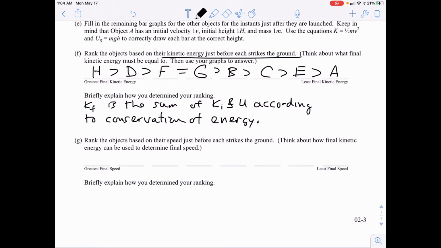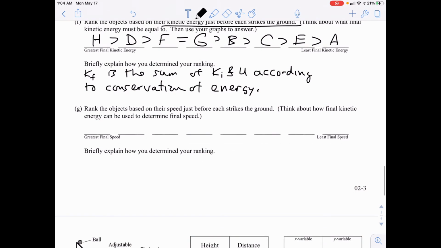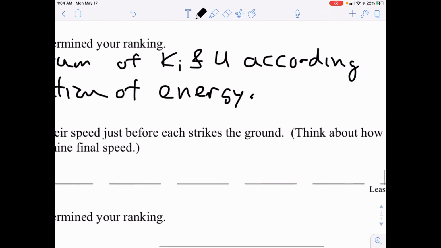Lastly, rank the objects based on their speed before they strike the ground. Think about how the final kinetic energy can be used to solve for the final speed. Okay, let's take a look at that one. So the final kinetic energy would be 1/2 m v final squared. That was equal to 1/2 m v squared plus mgh.